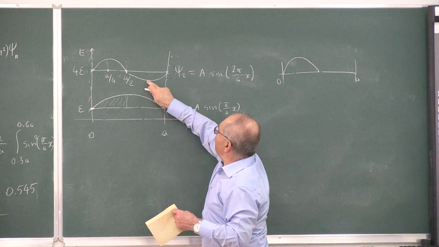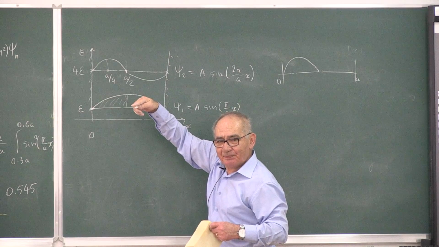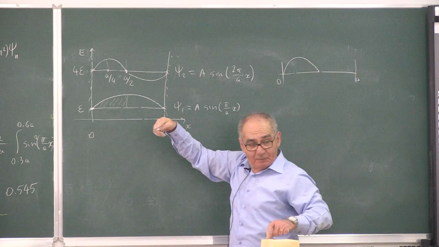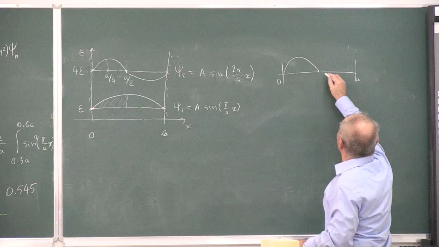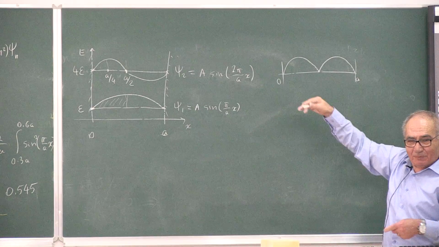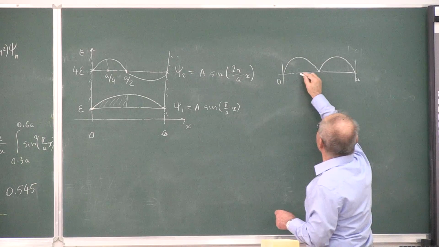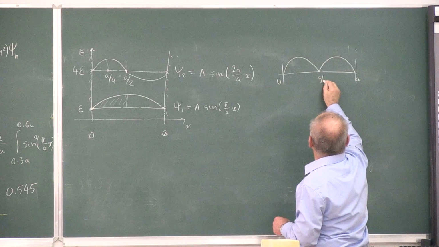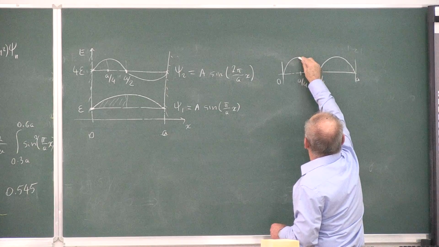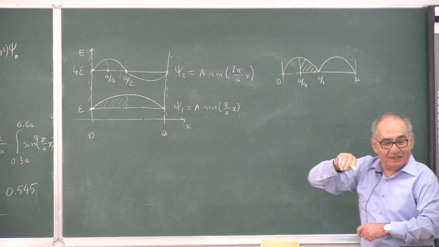But the negative side, because we are squaring it, will become positive, isn't it? So, after taking the square, it will look something like this. Right? Now, this is a over 2. This is a over 4. It is this area we are interested in.